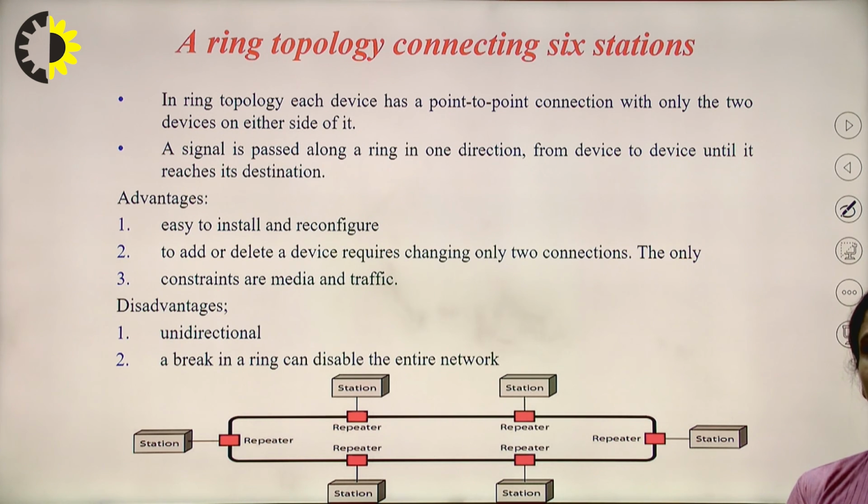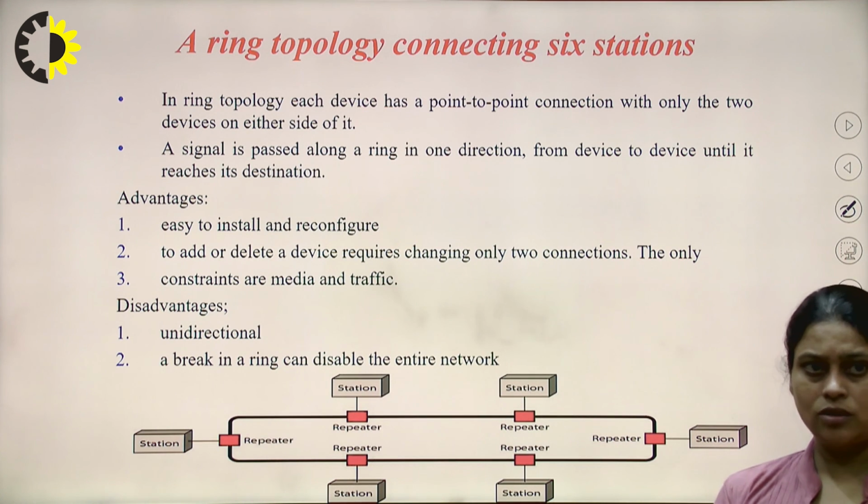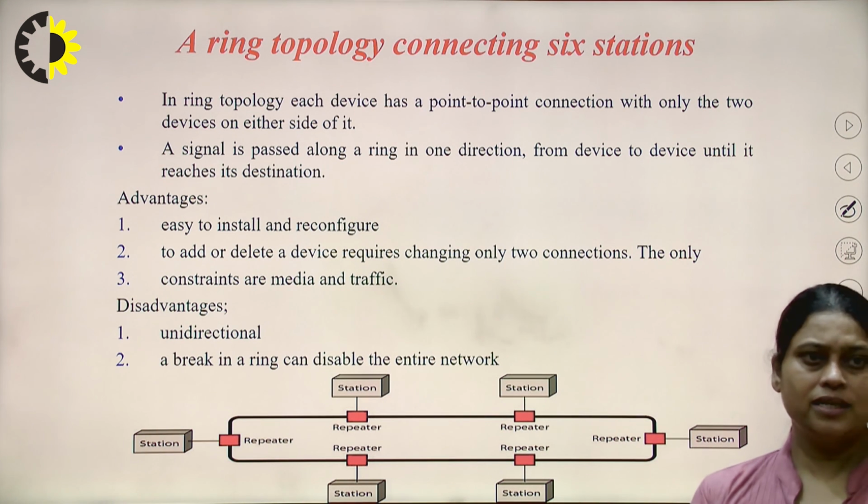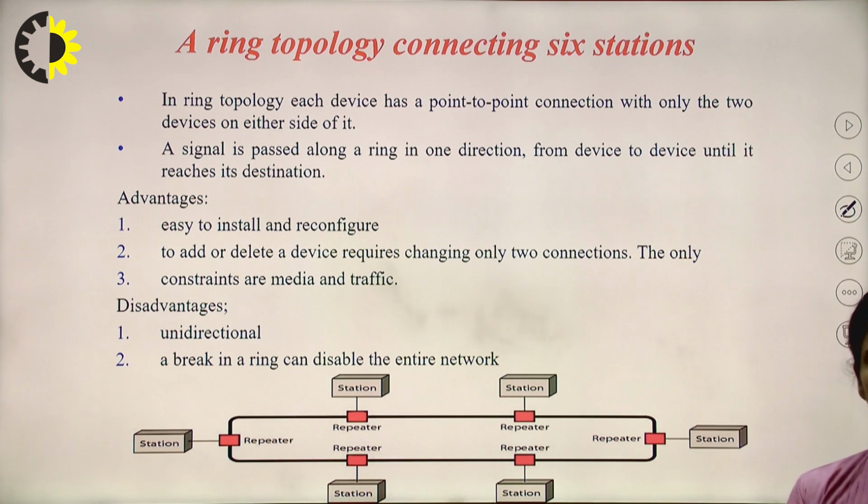So always we have to transmit the data in the forward direction, not in the backward direction. A signal is passed along a ring in only one direction from device to device until it reaches the destination. So the advantage is that it is very easy to install and configure.